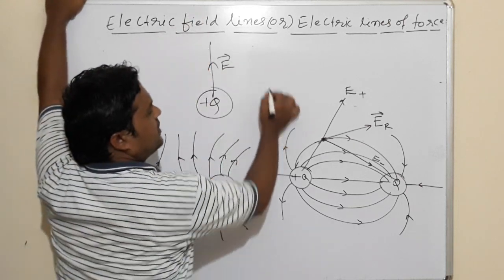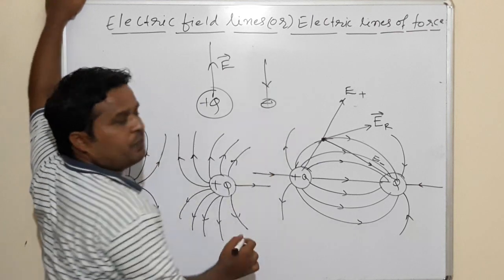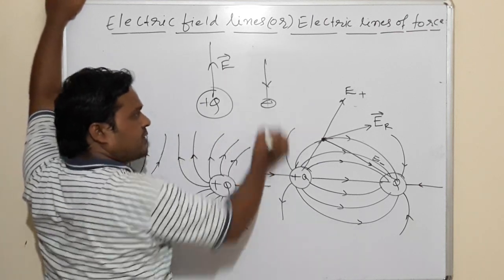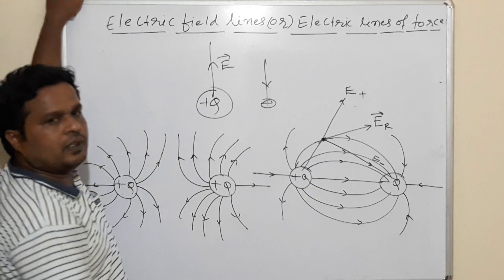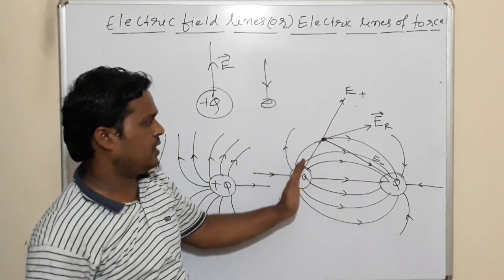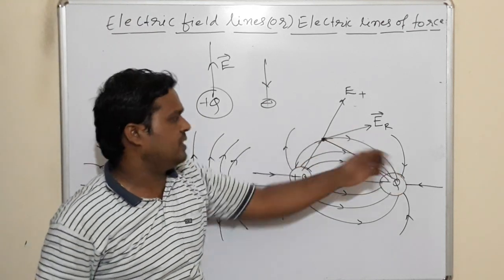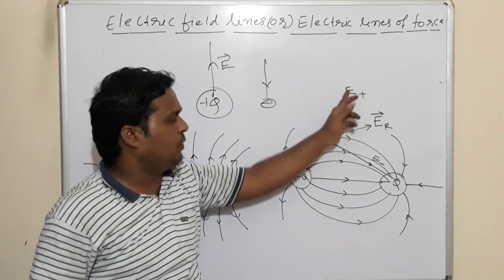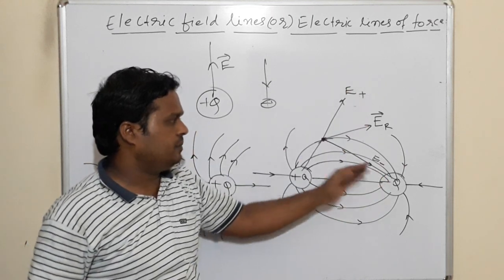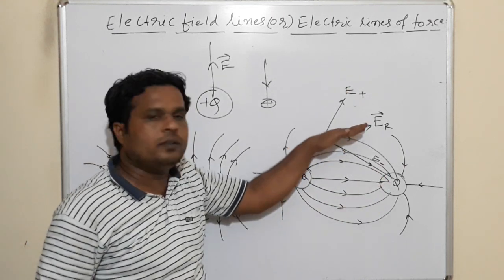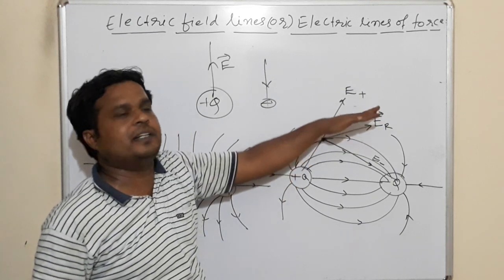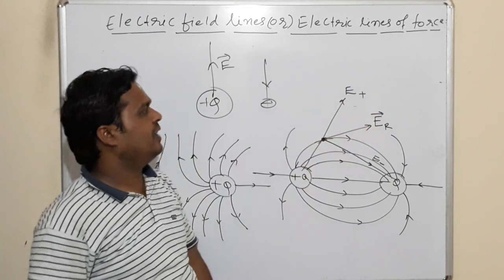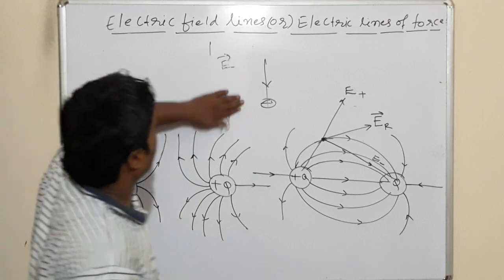If it is only a negative charge, it will indicate the direction of electric field which is towards the charge. If it is a system of charges, how will you draw the electric lines of force? At a particular point, if you find two electric fields, then the tangent drawn at that point must represent the resultant field.